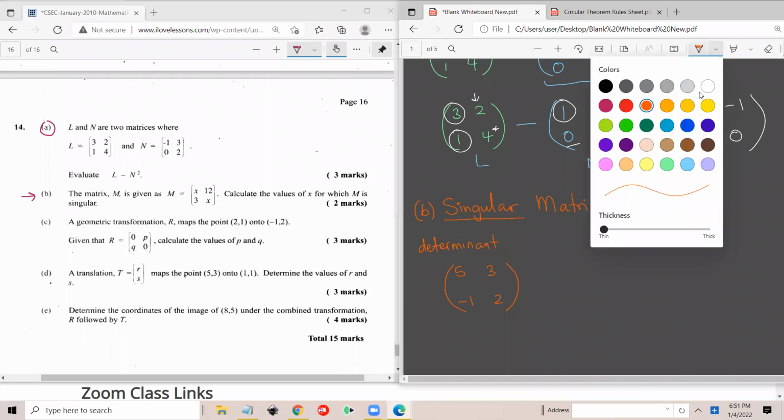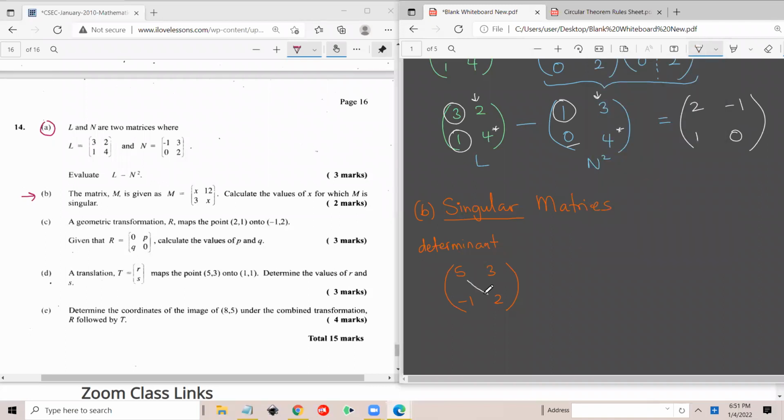To find the determinant of a matrix, you have to multiply this diagonal first, all right? So you have to say 5 by 2 is 10. And right after, you have to put a minus sign, no matter what.